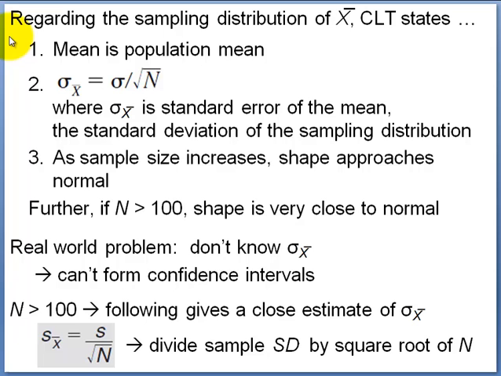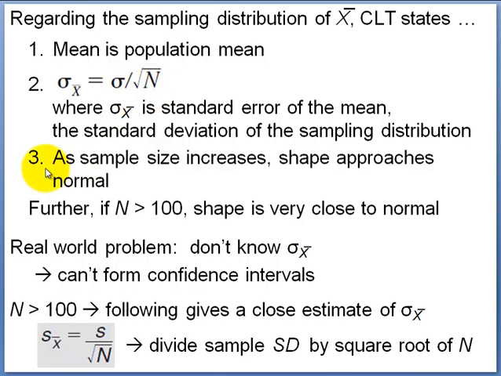Let's review the central limit theorem as it applies to the sampling distribution of the mean. The CLT states that the mean of the sampling distribution is the population mean, that the standard deviation of the sampling distribution is determined by dividing the population standard deviation by the square root of the sample size.